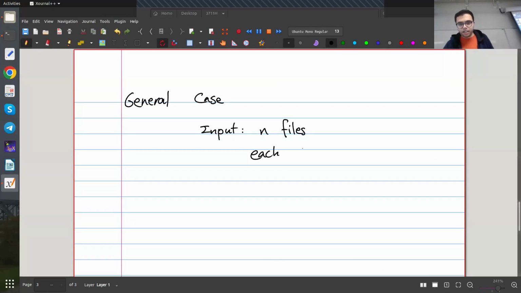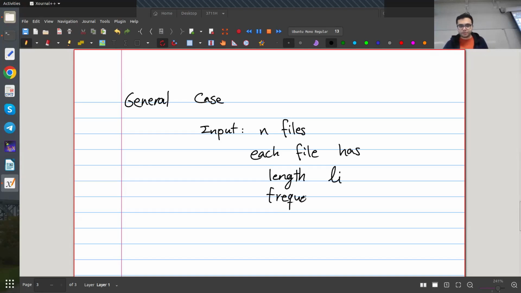And each file has a length. Let's show that by Li. And it also has a frequency, a number of accesses, Fi. And again, our goal or our output should be a permutation P that minimizes the total cost.